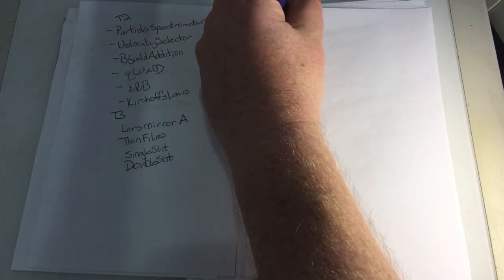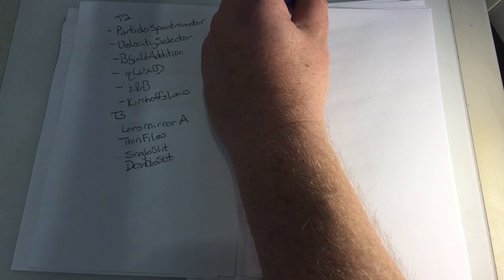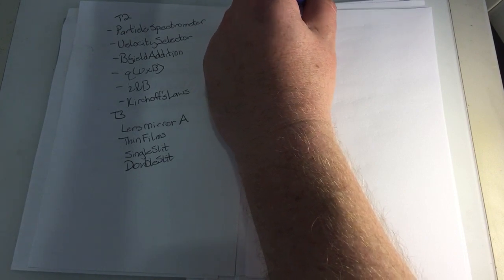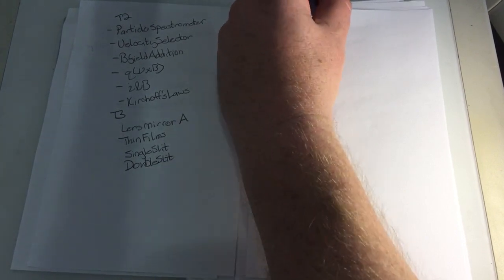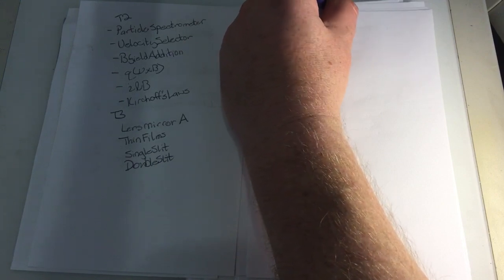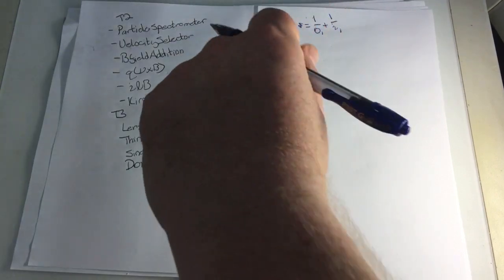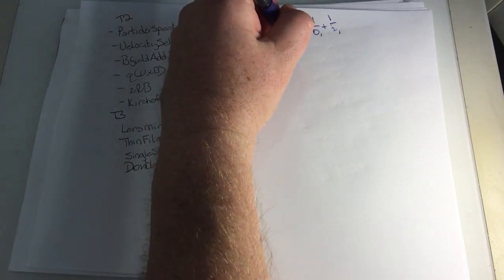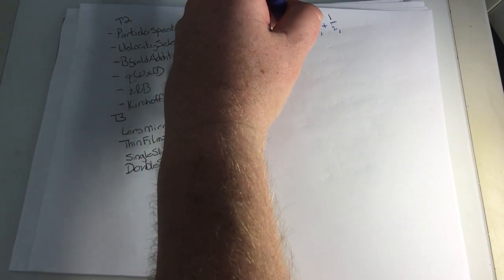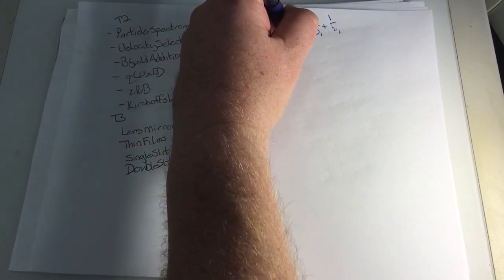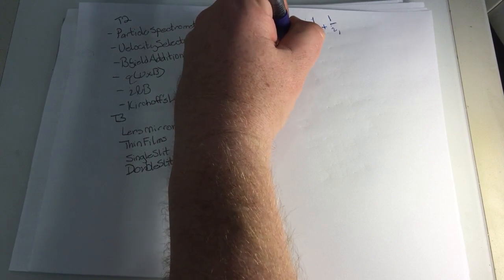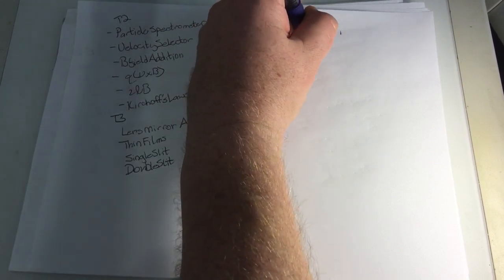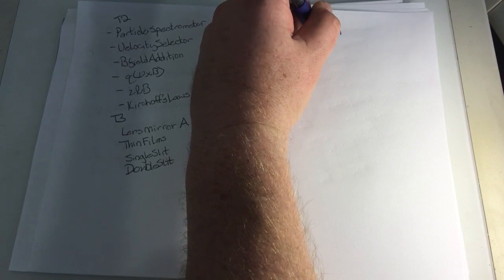The first thing you do is you understand that 1 over F1 equals 1 over O1 plus 1 over I1. God, I hate the angle of this. This means that 1 over F1 minus 1 over O1 is equal to 1 over I1.